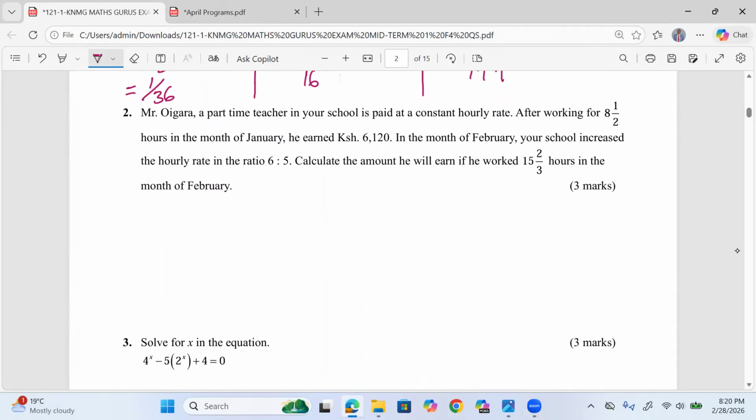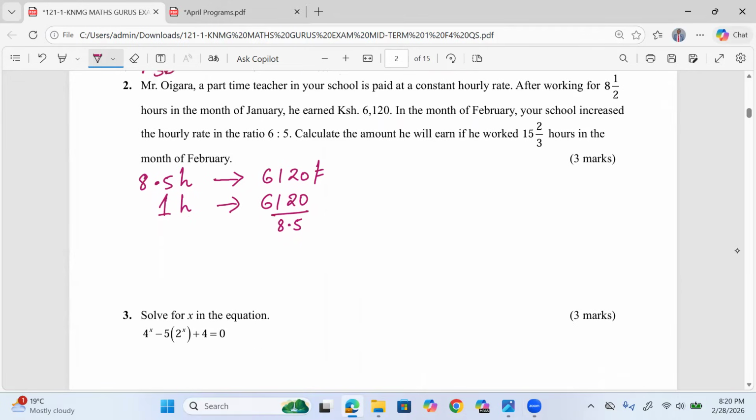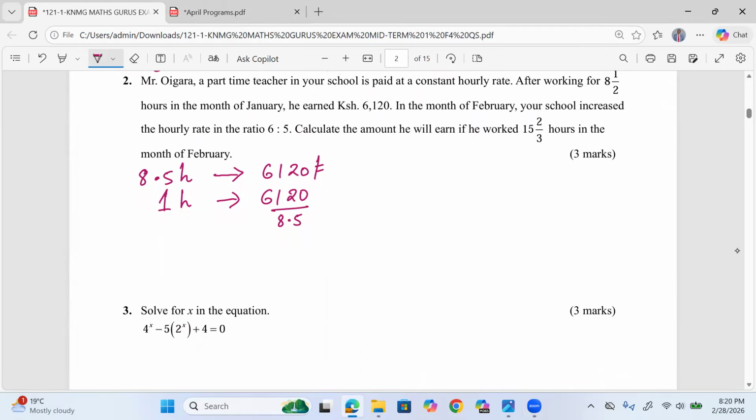Okay, so we are supposed to first understand the working rate of Mr. Ogara, whereby we shall say 8.5 hours in the month of January attracted 6120 Kenya shillings, meaning that in 1 hour, he is going to earn 6120 out of the total hours that he had worked, so that we may know the working rate per hour.